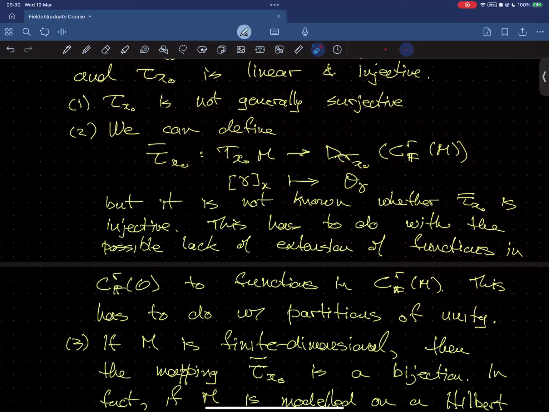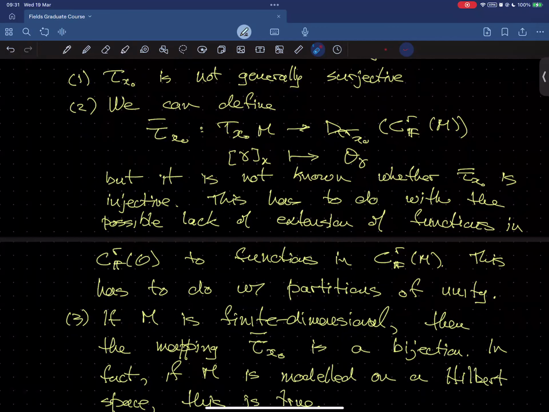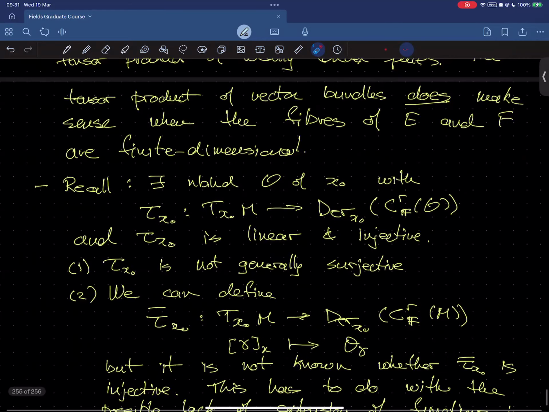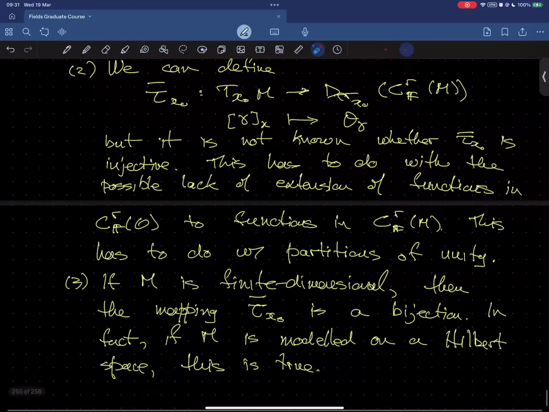That's a powerful idea when it applies. It applies in the finite dimensional case, or some extensions of that, but it does not generally apply in infinite dimensions, even for normed spaces. So this is one of the places where infinite dimensional geometry is different from finite dimensional geometry, and all of this stuff is about where they differ.